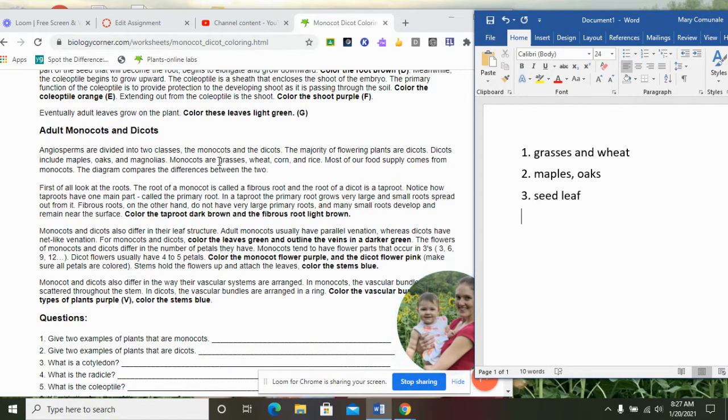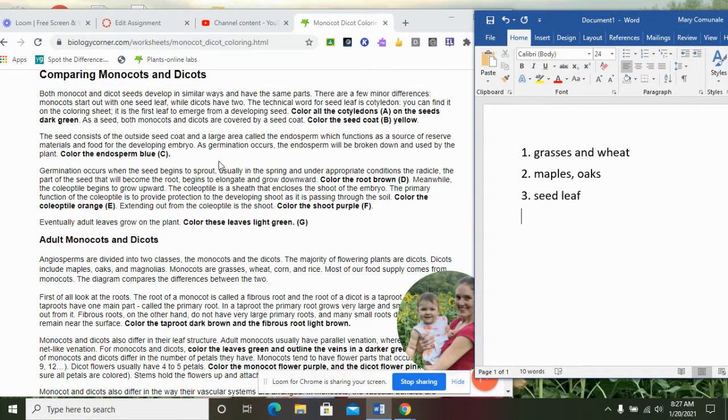What is the radicle? It's number 4. Let's see, I know we hit coleoptile down here. Did we hit radicle? We did. Germination occurs when the seed begins to sprout, usually in the spring and under appropriate conditions, the radicle, the part of the seed that will become the root.